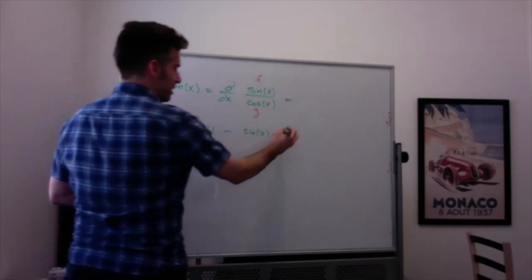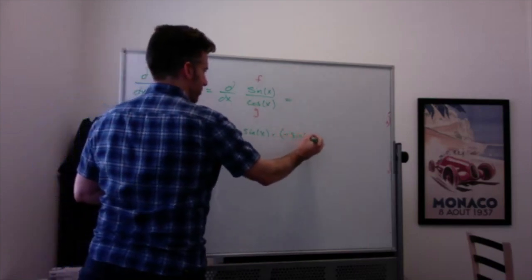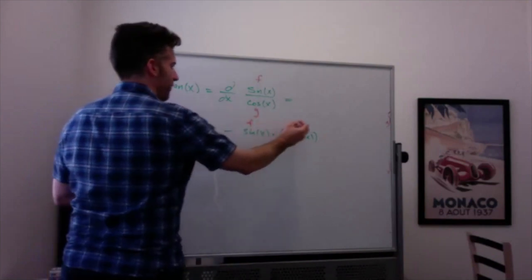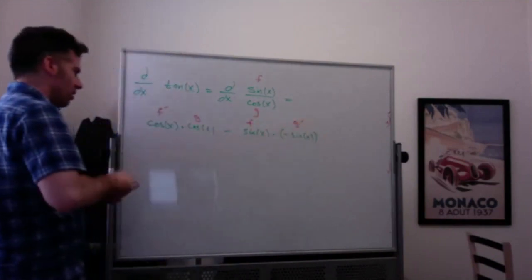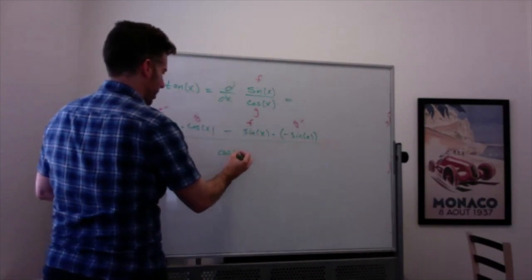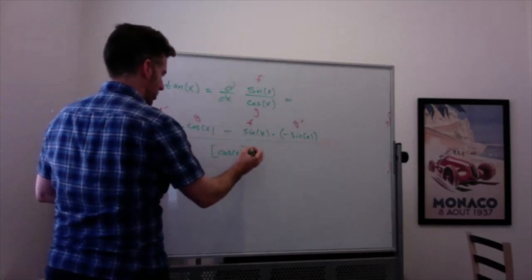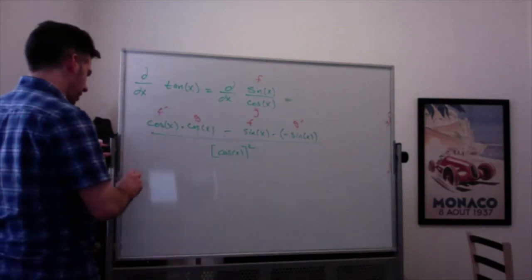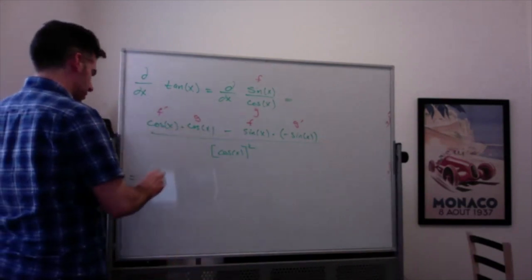The derivative of cosine is negative sine. So I've got F G prime all over the denominator squared, which is cosine of x over G squared. All right, let's see what I've got. Cosine x times cosine x is cosine squared x.